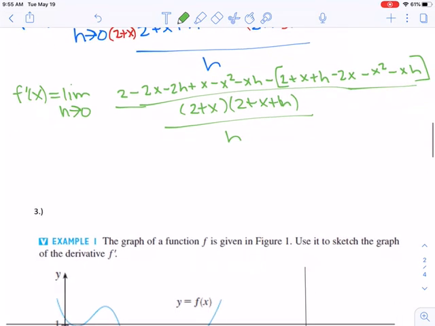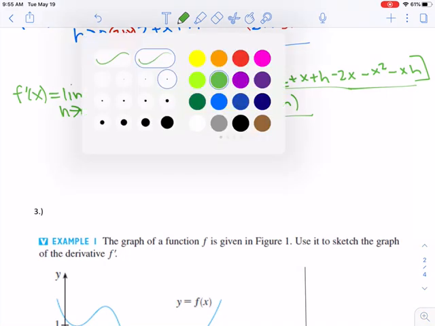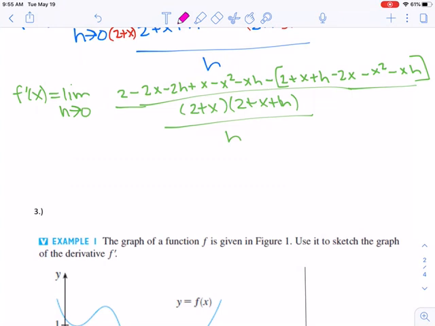So now, as we take a look at this, I want to distribute that negative to everybody in that second set of parentheses. So let's just go ahead and put that right above here. So that's going to become a negative 2 minus x minus h plus 2x plus x squared plus xh.